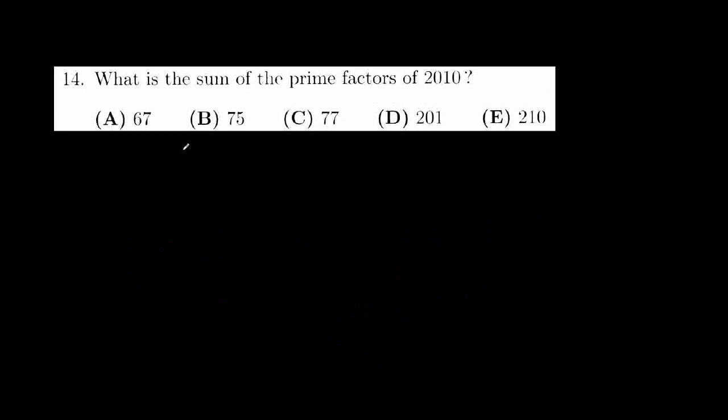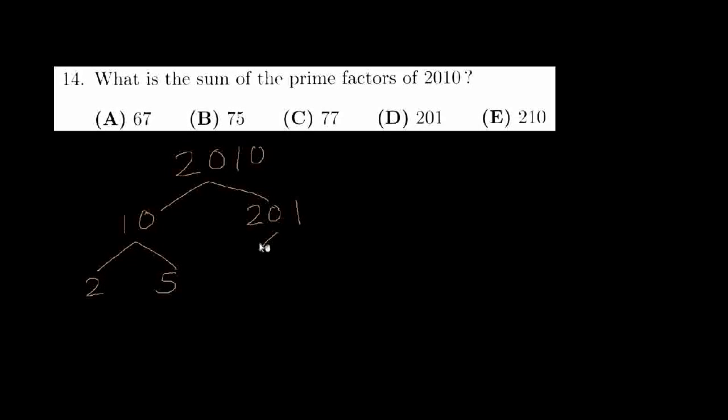Question 14. What's the sum of the prime factors of 2010? So let's figure out all the prime factors first. 2010 has a factor of 10, of course, and 201, and the 10 has a factor of 2 and a 5. 201 actually has a factor of 3 and 67.